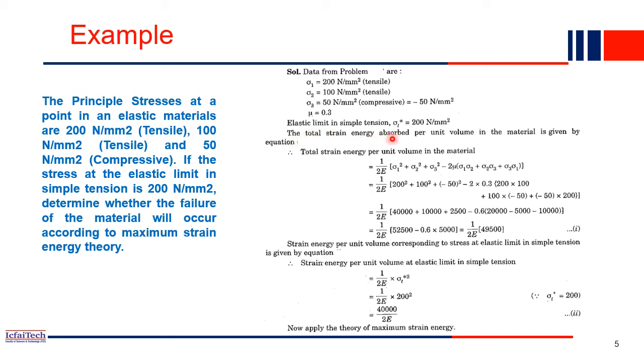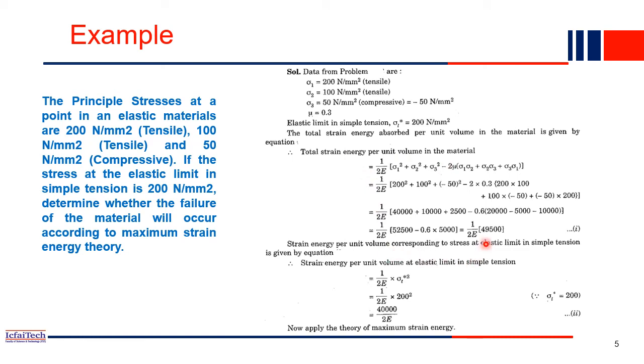Now, what will the total strain energy of the body be? This is the expression for the total strain energy per unit volume in a material, which we derived in the last slide. Now just plug in the values: 1 by 2E into sigma 1 is 200, sigma 2 is 100, and sigma 3 is minus 50, and similarly 2 times Poisson's ratio, 0.3, times the sigma products.